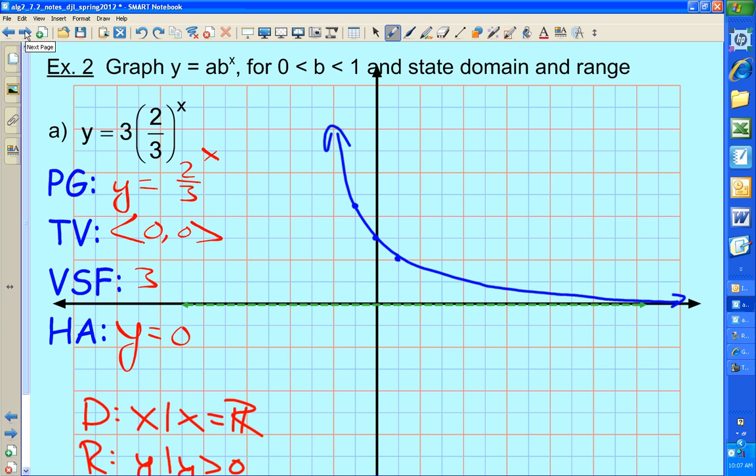So here's another one that's already done for you with a vertical stretch factor of 3 and 2/3 as your base. So no translating, but a stretch of 3. Instead of right 1, up 2/3, you're up 2 because you're multiplying up 2/3 by 3. Instead of right 0, up 1, we go right 0, up 3.